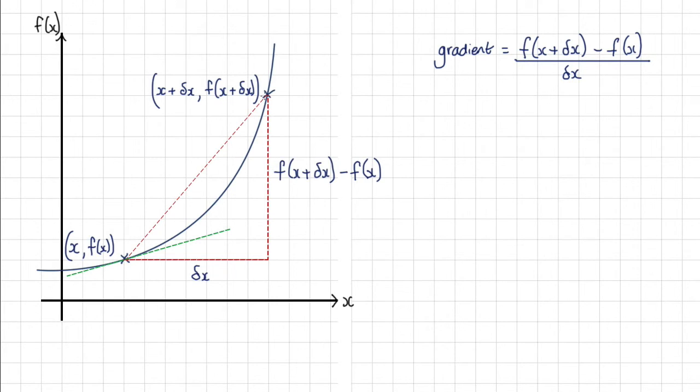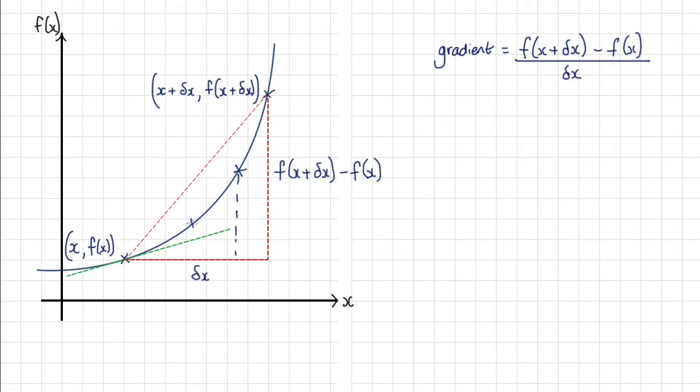Well, what I can do is move this point closer and closer and closer to this point. So let's say it was here. What that means is we have this distance being smaller and the delta x being smaller.